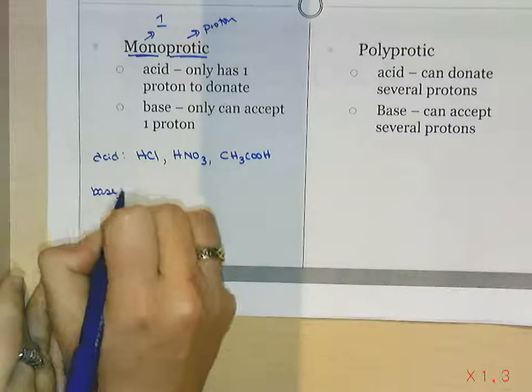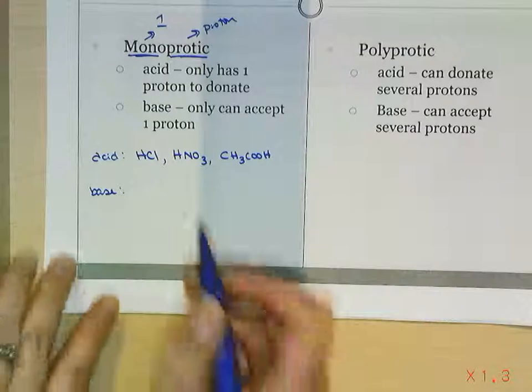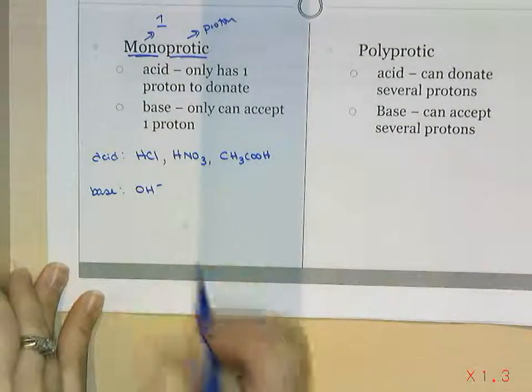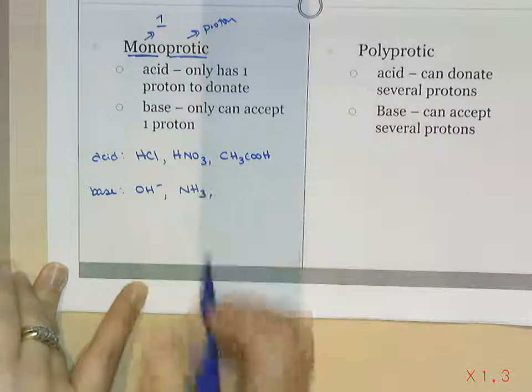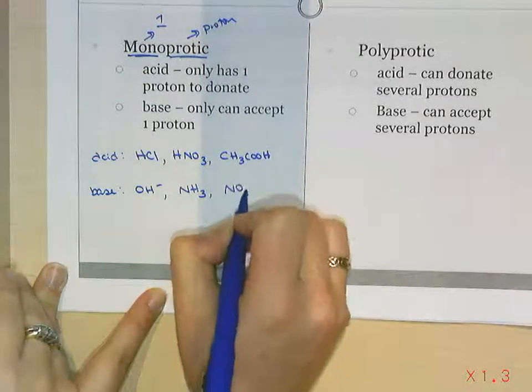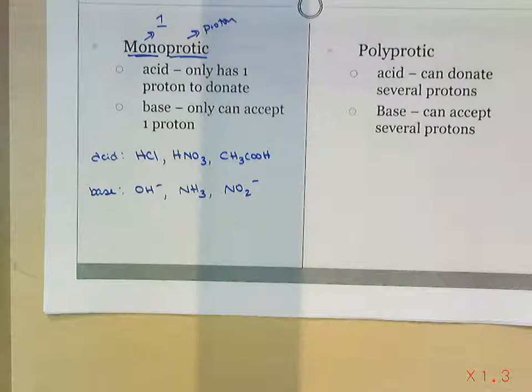Some of my favorite monoprotic bases: hydroxide, ammonia. So those will all be species that can accept only one proton.